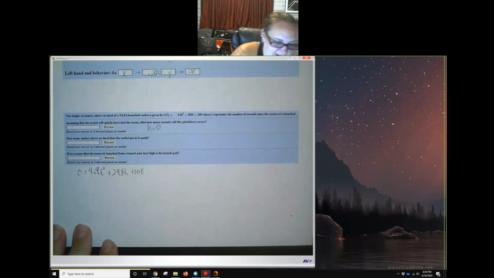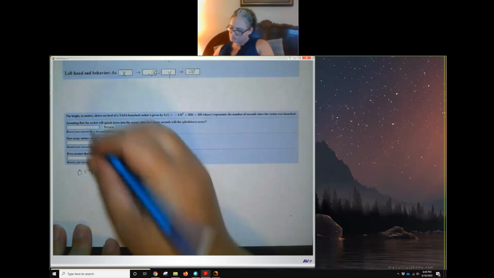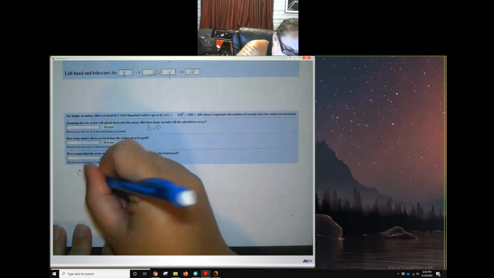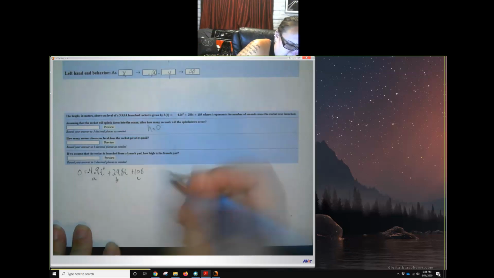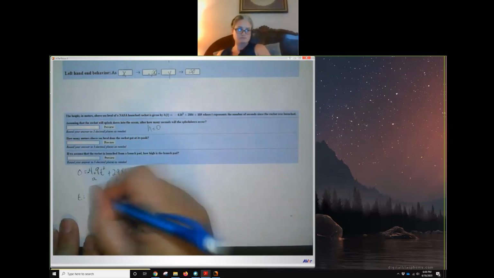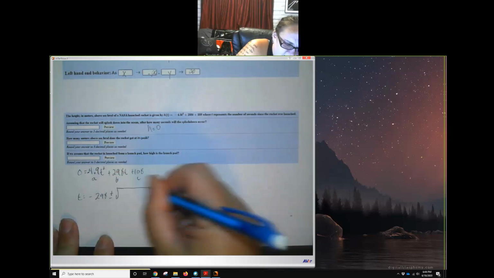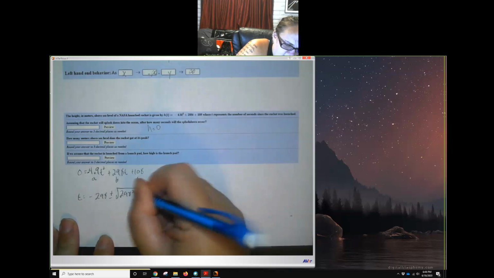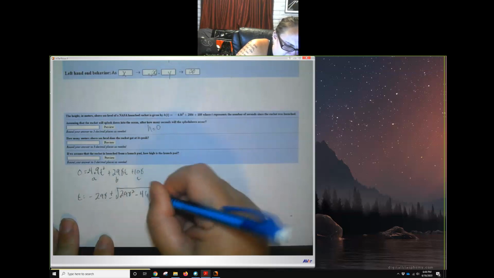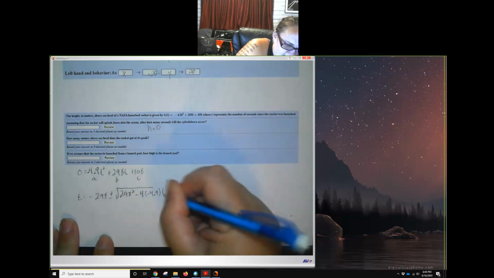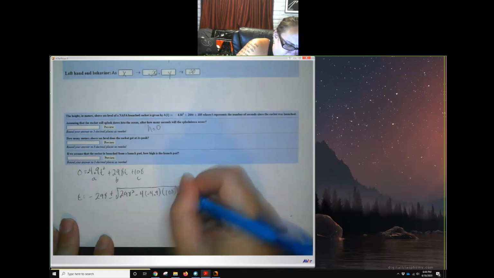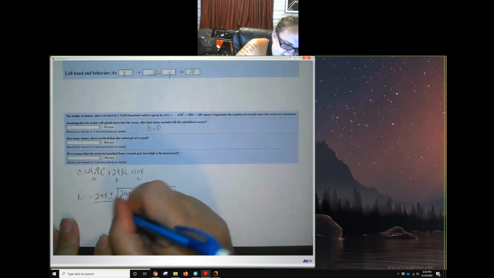So I think the quadratic formula would be the way to go here. That's a negative 4.9. Negative b plus or minus the square root of b squared minus 4 times a times c over 2 times a.